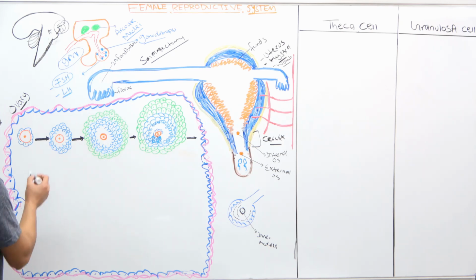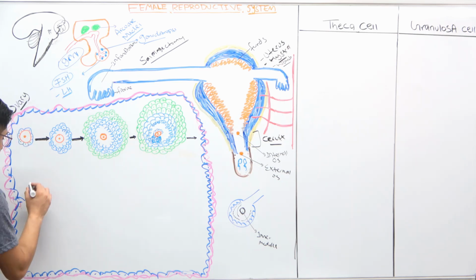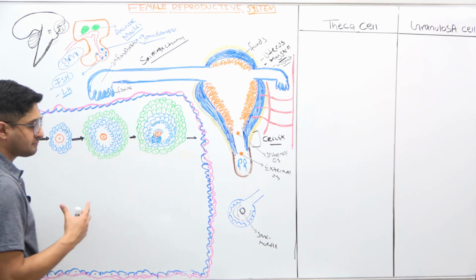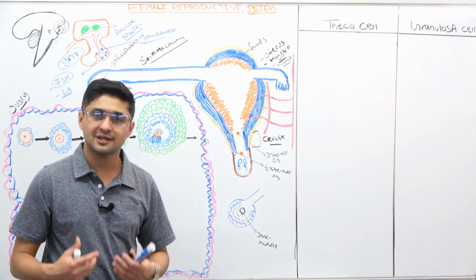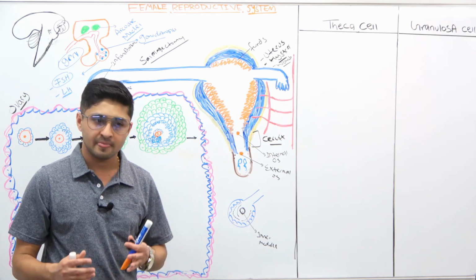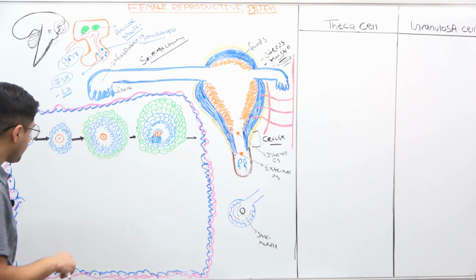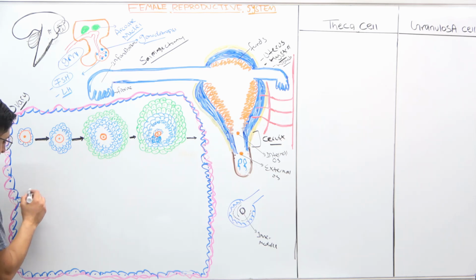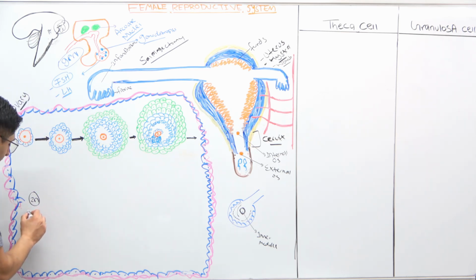Now we'll talk about the process of the oocytes. During intrauterine life, some of the germ cells from the primary yolk sac migrate into this ovary. Let's write down here: those germ cells, because you got them from mom and from father, are diploid.